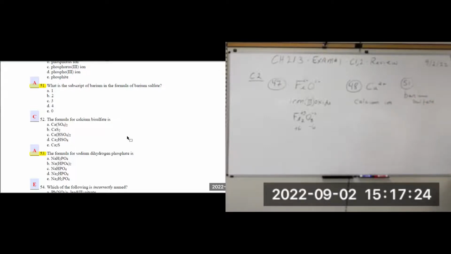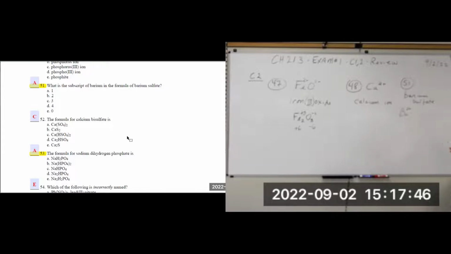We just need to find it up there. Where is it? Second column, right? It's an alkaline earth metal. So if it's in the second column, it has a 2+ charge.